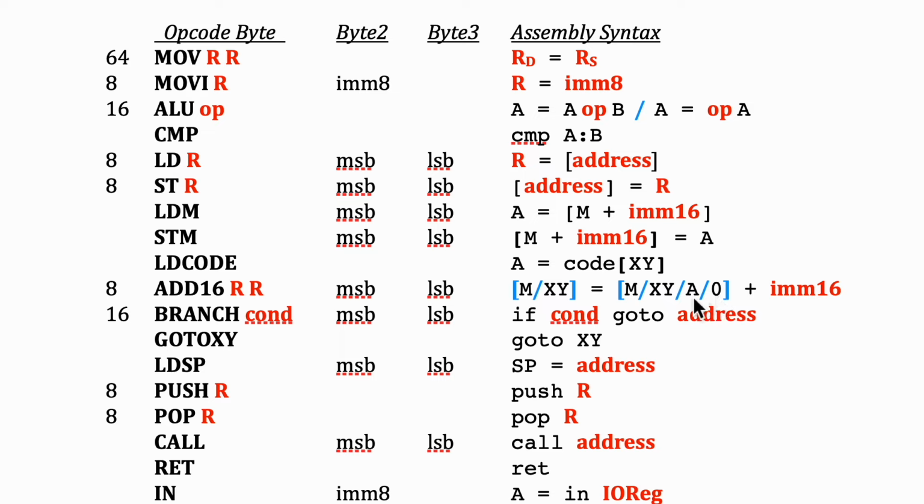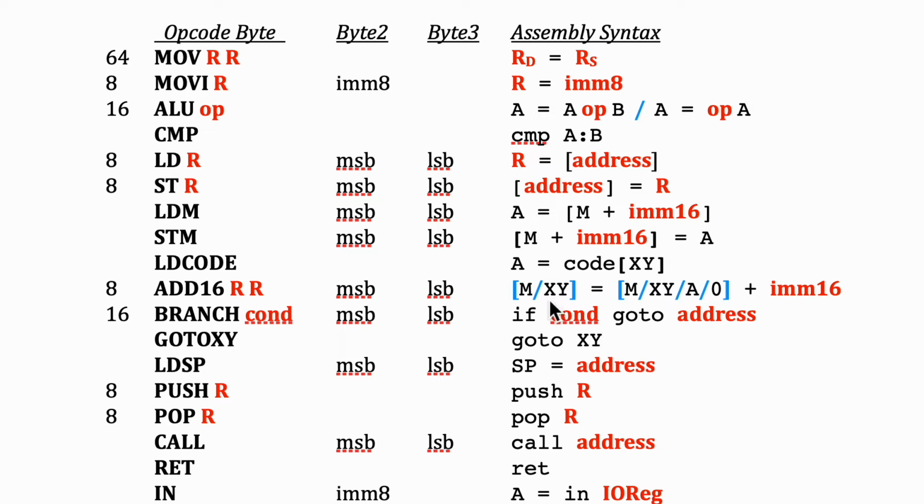In the case of the A register, which is only 8 bits, it is zero-extended to 16 bits. So it's an unsigned number, essentially. And in the case of 0, it just means we're going to load the immediate value itself, without adding it to anything, into the destination register, either M or XY.